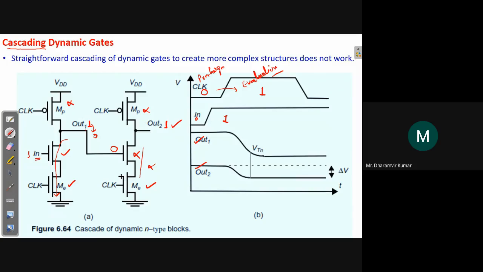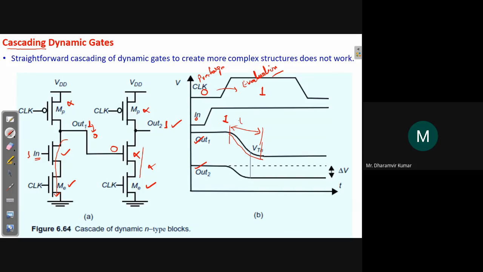The problem comes here because we know that this output 1, when it is changing its state from 1 to 0, takes some time. Look at this slope. The transition from logic 1 to 0 will take some time. This is the propagation delay when output changes from high to low.